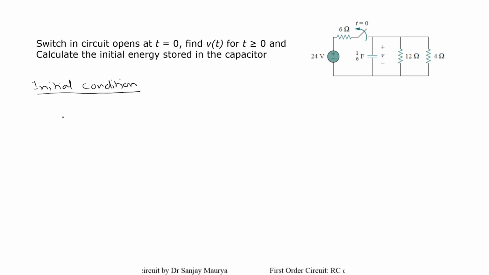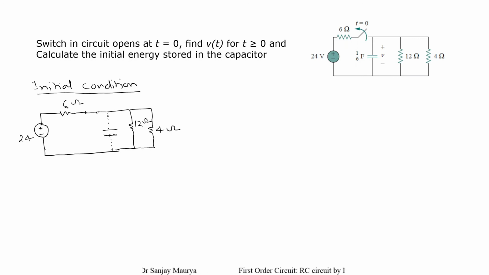Initially, the switch is closed for a longer duration, so I'll redraw this circuit. In this circuit, the capacitor is shown with a dotted line because it is charged to the full voltage level and behaves just like an open circuit.